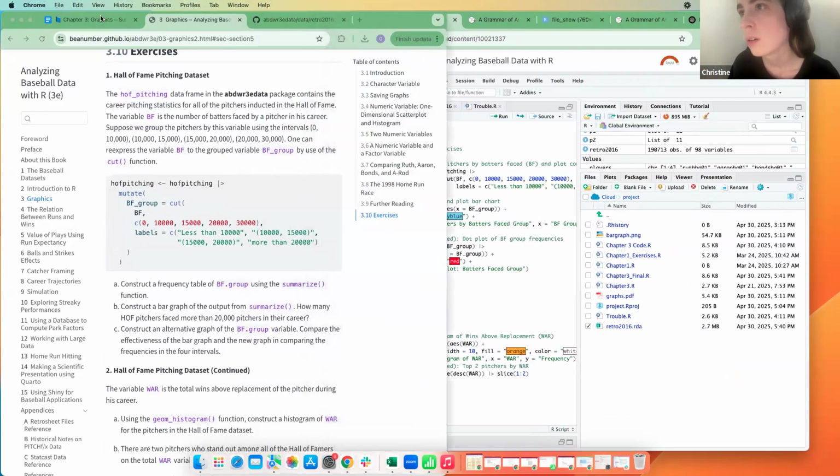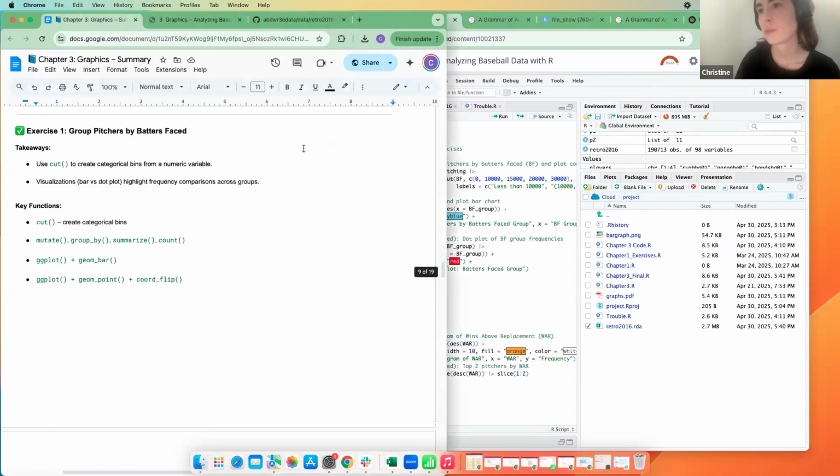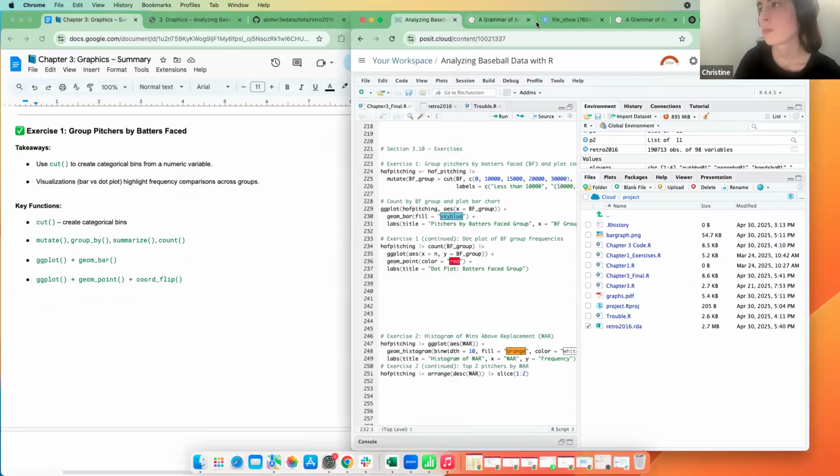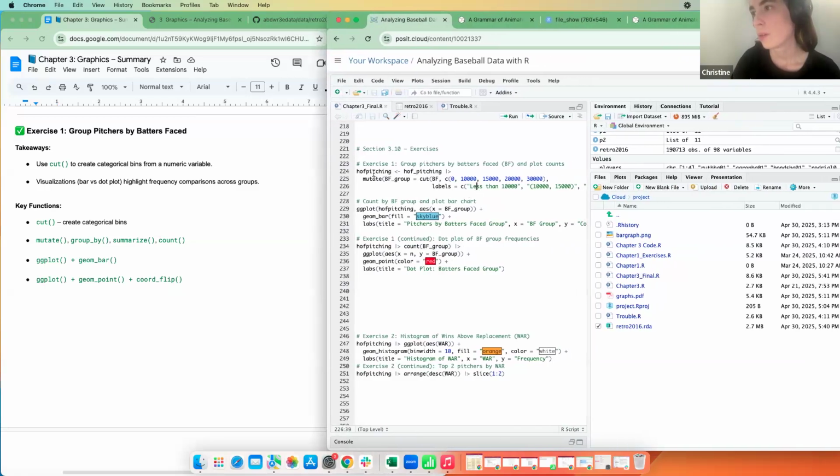Yeah, so here. Cool. You're looking at batters faced, which I'm kind of forgetting the meaning of. Total number of batters a pitcher has faced in their career. So kind of grouping that into categorical groups.